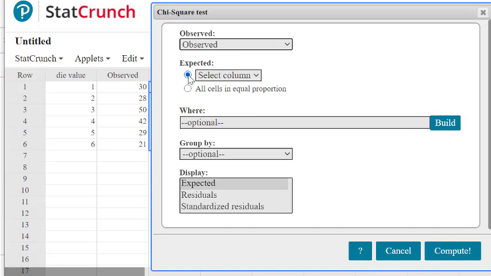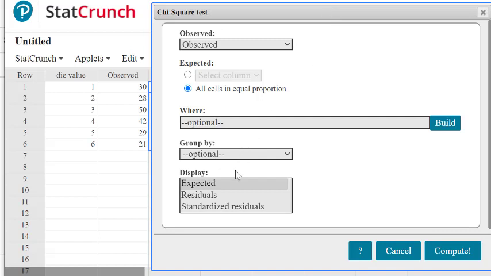Now, if these things have a specific set of values, we would select the column that would represent the expected values. But since the expected values are all going to be the same, we're going to click on all cells in equal proportion.